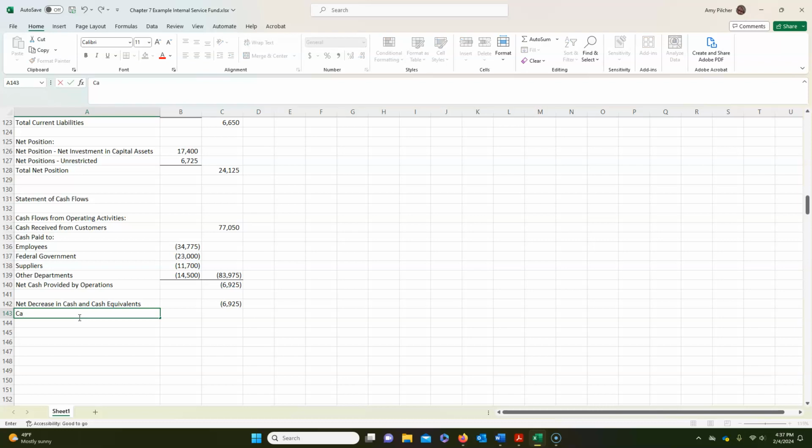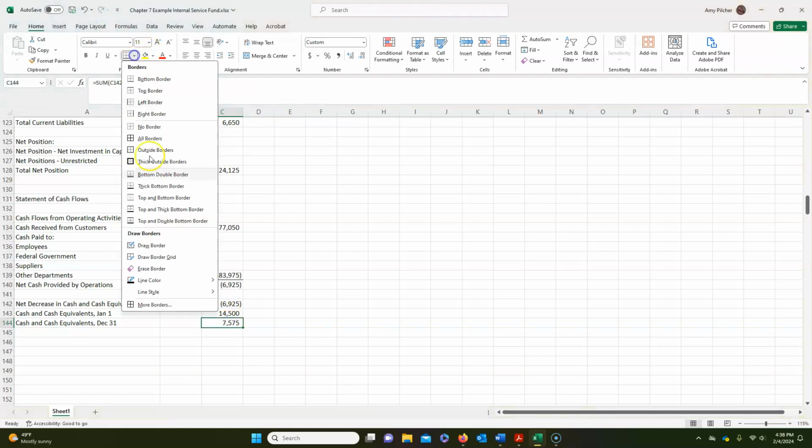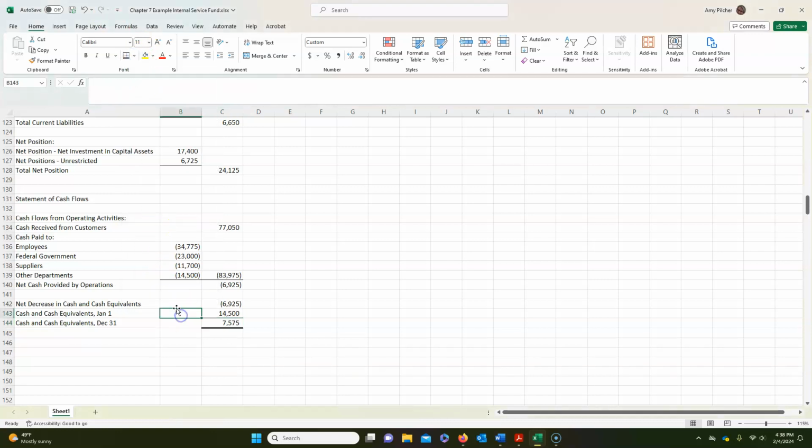Then we had our cash and cash equivalents on January 1, which was 14,500, and then the cash and cash equivalents on December 31, which is $7,575.